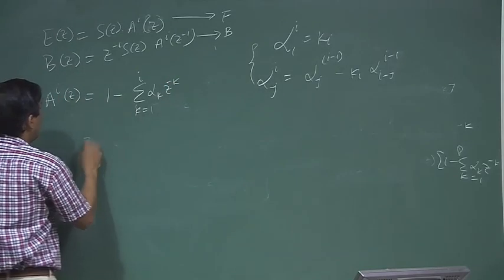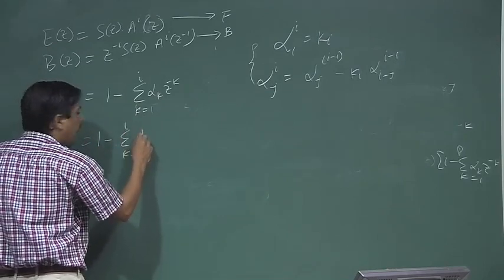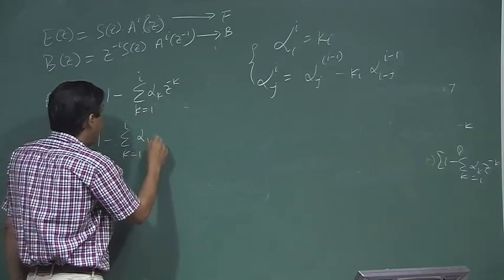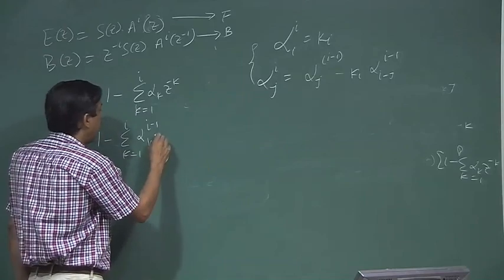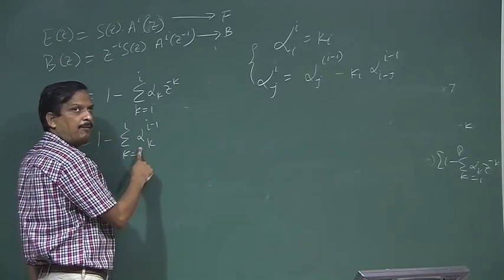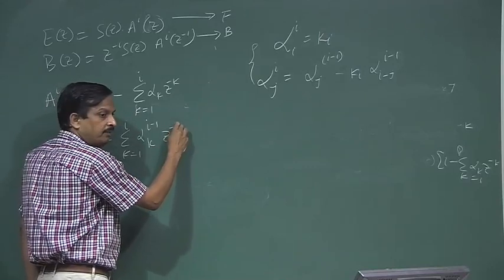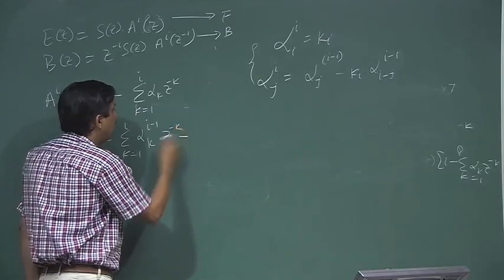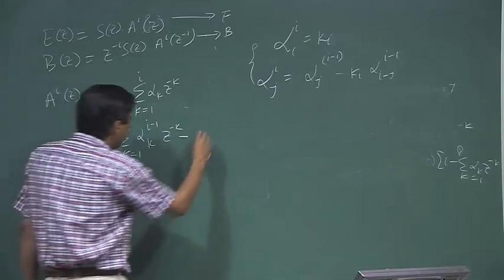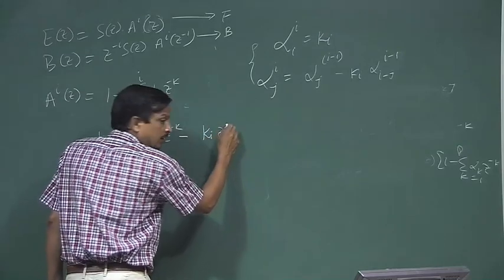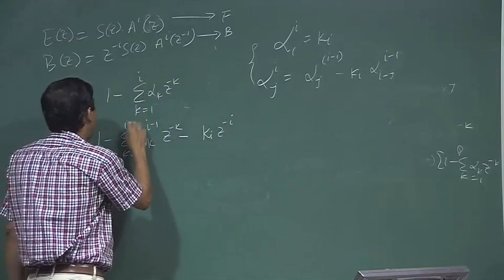I can write this one as 1 minus the sum over k equal to 1 to i of alpha k of i minus 1, the alpha value of the previous iteration, z to the power minus k, minus K_i into z to the power minus i. This is i minus 1.